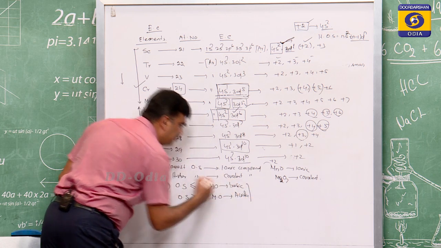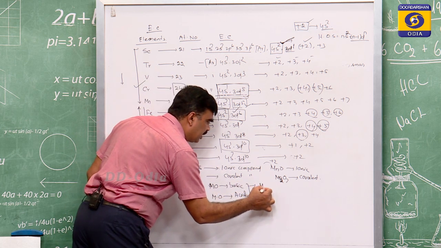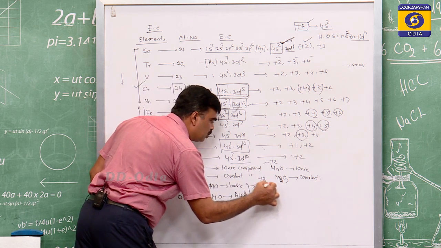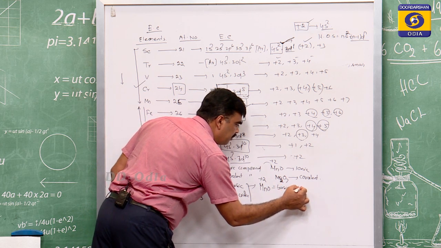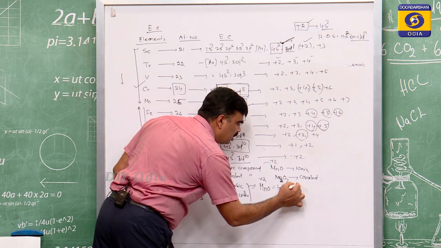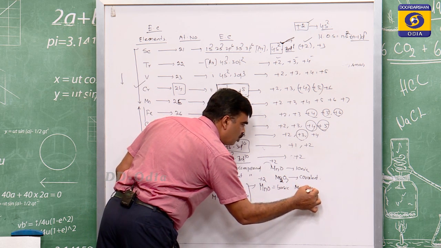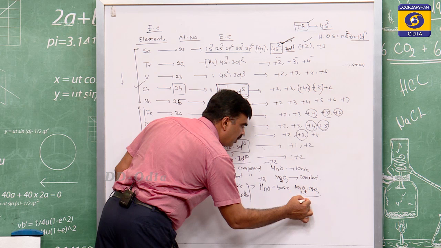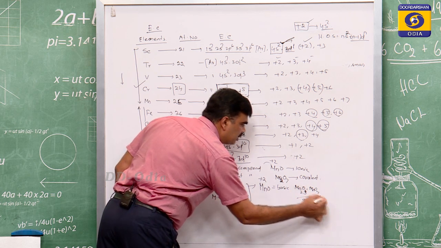Remember these things. For example, manganese oxide, oxidation state is +2, it is basic. But Mn2O3 and MnO2, you know they are amphoteric. Amphoteric means partly acidic and partly basic.